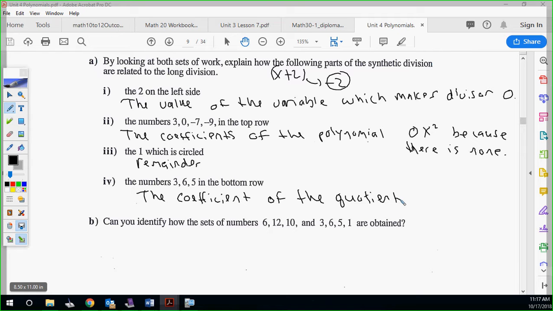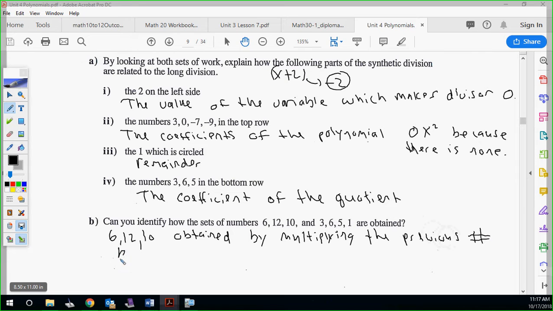Can you identify how the sets of numbers 6, 12, 10 and 3, 6, 5, 1 are obtained? Yes, they're multiplied by 2. Yep. So 6, 12, and 10 are obtained by multiplying the previous number by 2.